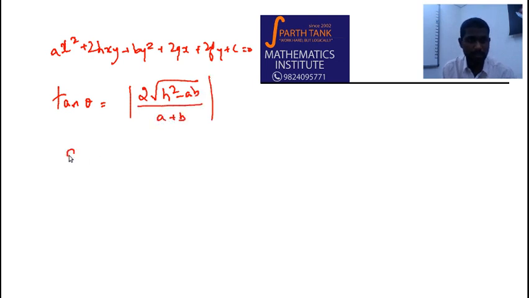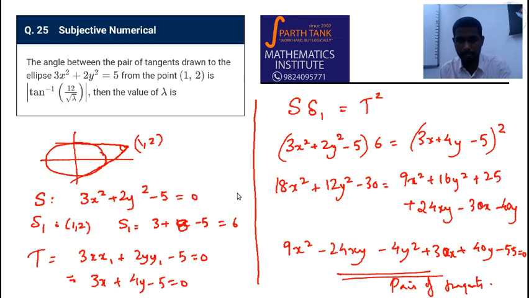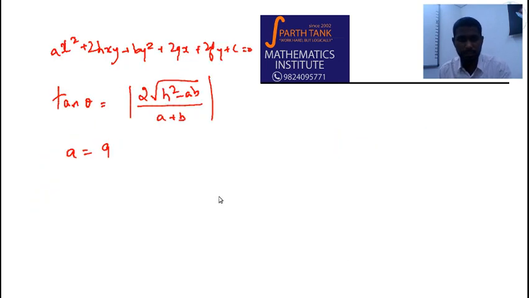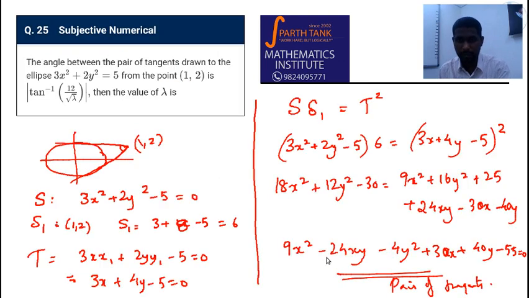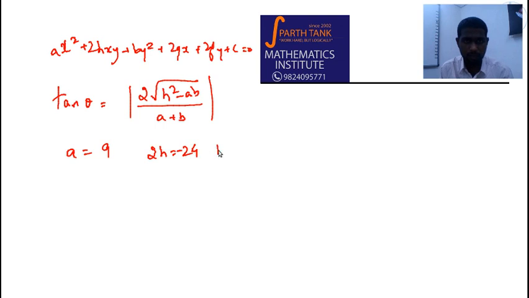Now in our equation, a is 9, right? 2h is minus 24, and b is minus 4. So h is minus 12 and b is minus 4.